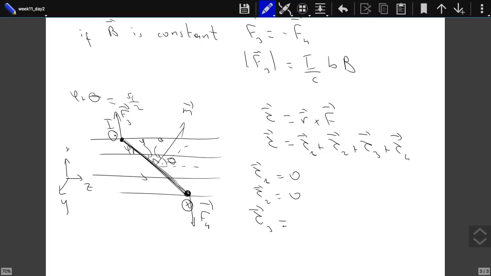Let's see, you see, this is your picture. This is my current. B field is like this. Are they perpendicular to this length? They're perpendicular. But you see, as long as one of your vectors is on your plane, the cross product containing that vector has to be perpendicular to that one.